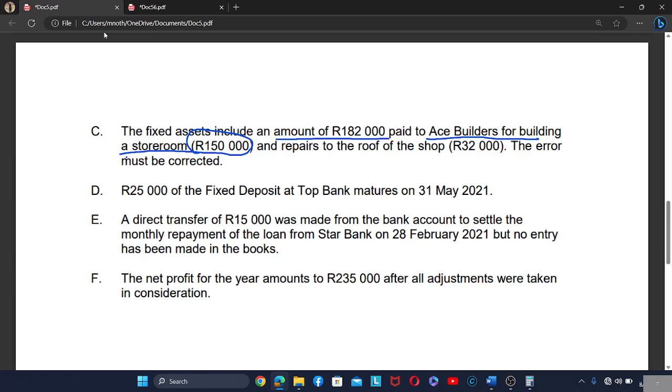Remember the storeroom is an asset to the business. And repairs to the roof of the shop, this one is not an asset, it's an expense. But this repairs is included in the fixed asset. So therefore, we must go and remove it because they are saying the error must be corrected.